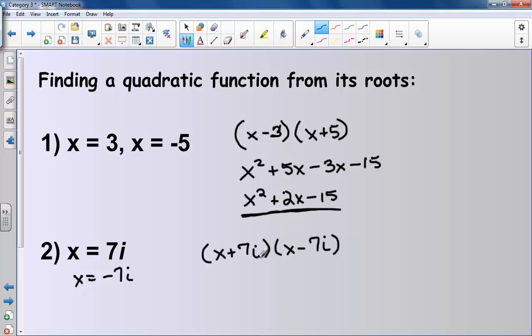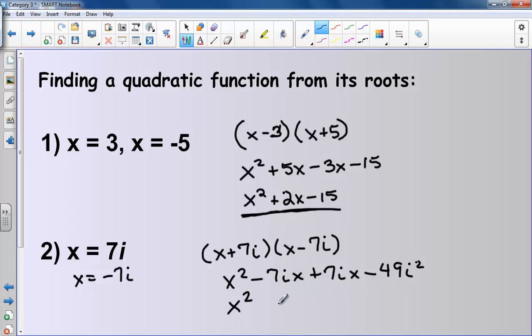And again, we're just going to distribute through here, so I have x squared minus 7i x plus 7i x, isn't that nice, minus 49i squared. Okay, so here in the center, these are going to zero each other out, negative 7ix and a positive 7ix.